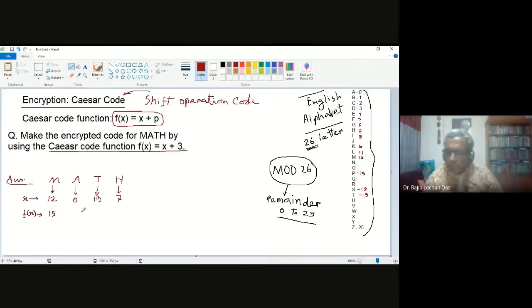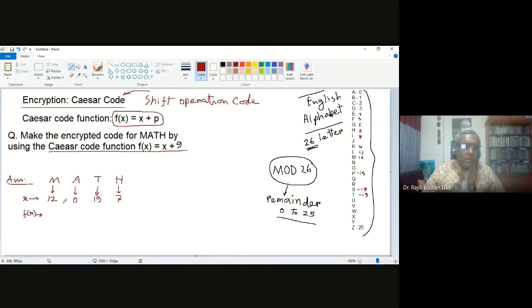This will be too easy, so let me increase it a bit. Instead of 3, let me make it 9. Okay, x plus 9. 3 would be very, very simple, and you will understand why shortly. So if it is 9, then 15 will be 21, right? 12 plus 9, it is not 15, it will be 21.